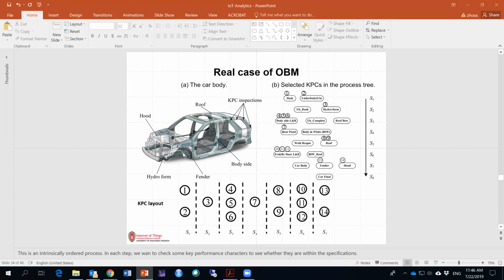And clearly, the earlier stage performance will potentially impact the following stage performance. If we didn't assemble it correctly in the previous stage, the following stage may cause some other assembly error, or make some related components even worse.